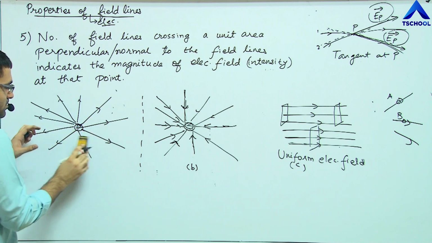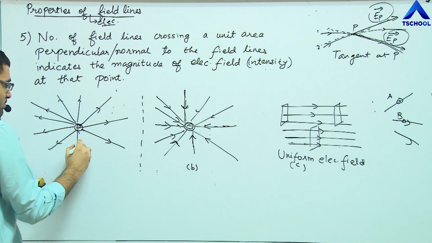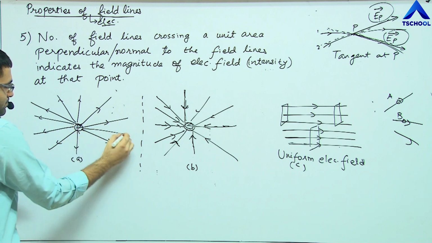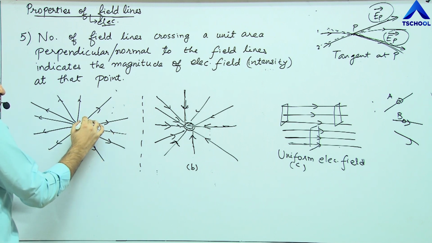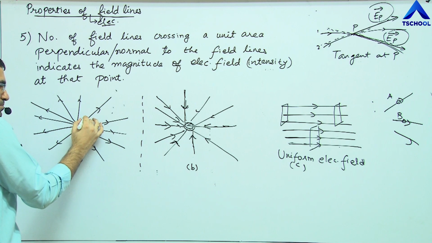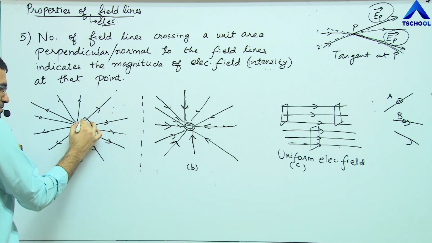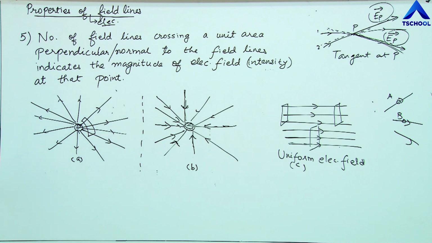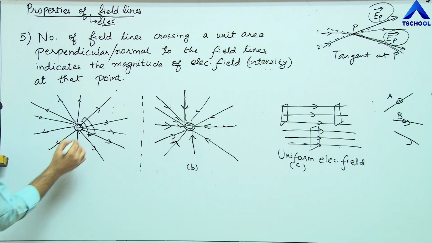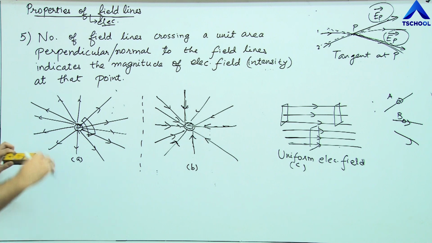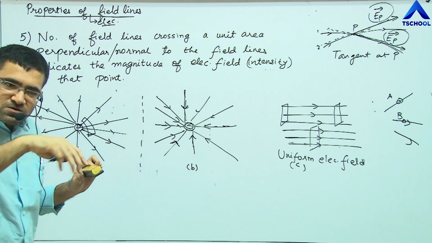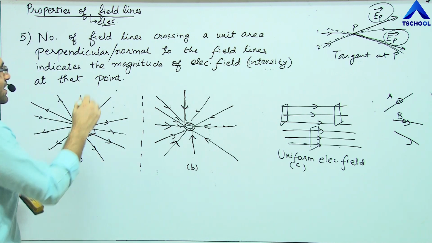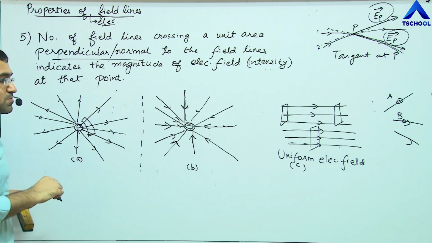Okay, so if I draw some unit area which is perpendicular or normal to the field line like this, let's say it's passing through 4 of these field lines. The perpendicular area is curved because it has to be, like I said, perpendicular.